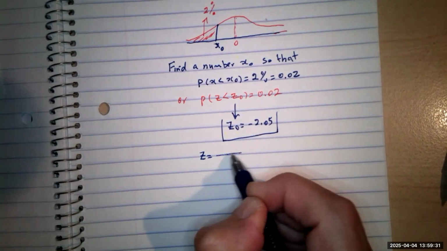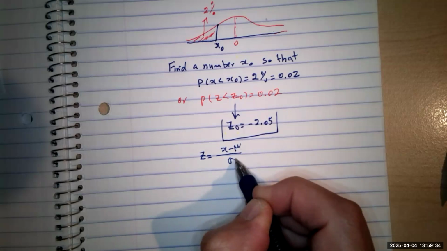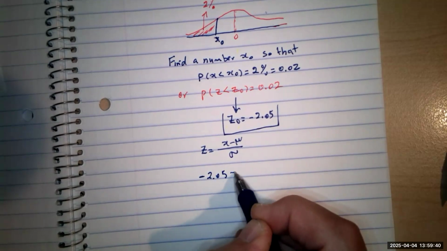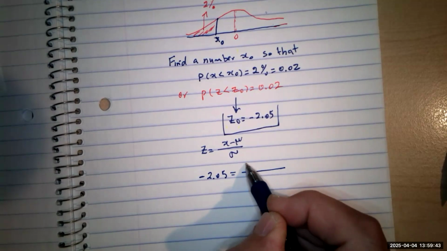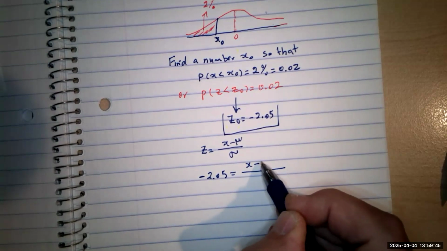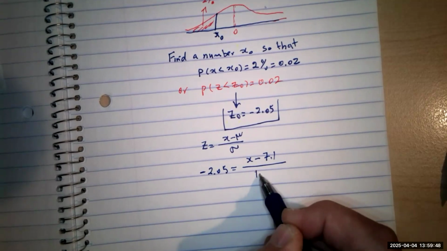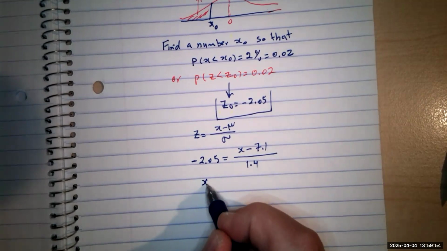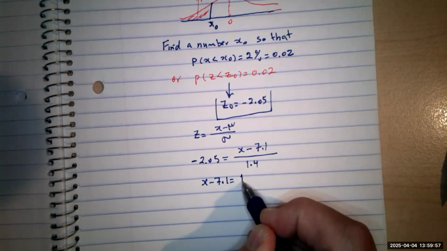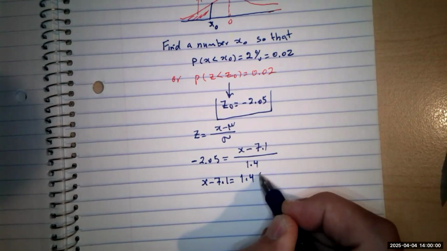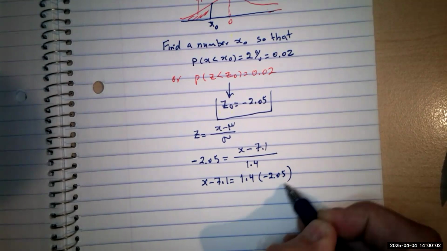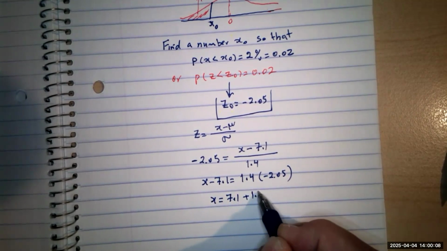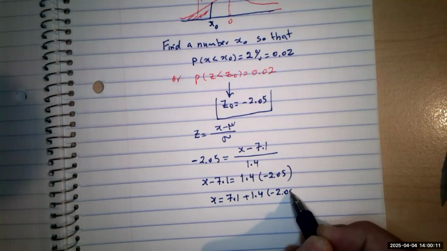Z is equal to X minus mu over sigma, and that's going to be negative 2.05. X is missing, minus mu, which is 7.1, divided by sigma, which is 1.4. Cross multiply: X minus 7.1 is 1.4 times negative 2.05. Moving it to the other side gives 7.1 plus 1.4 times negative 2.05.